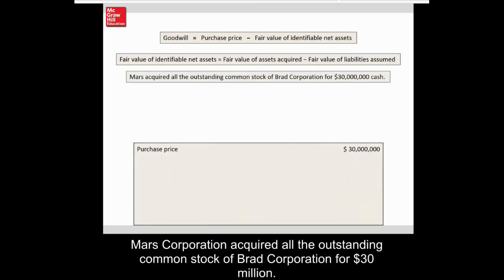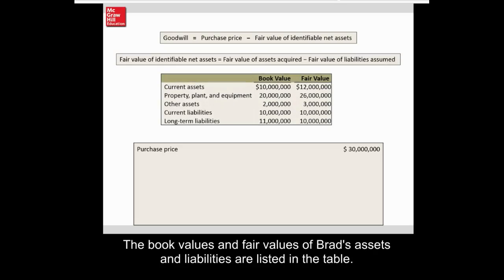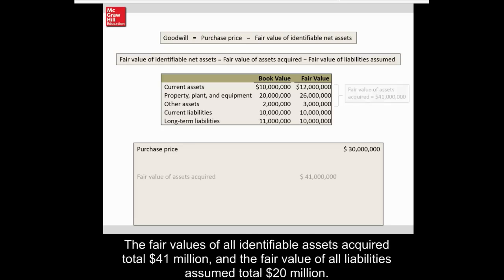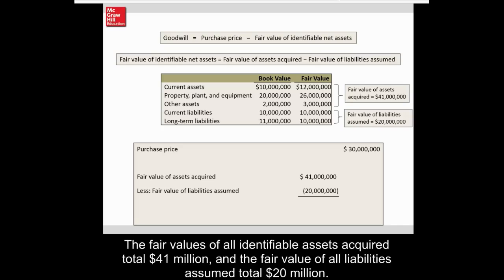Mars Corporation acquired all the outstanding common stock of Brad Corporation for $30 million. The book values and fair values of Brad's assets and liabilities are listed in the table. The fair values of all identifiable assets acquired total $41 million, and the fair value of all liabilities assumed total $20 million.